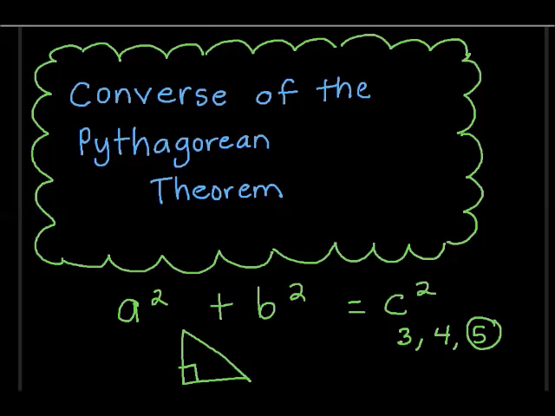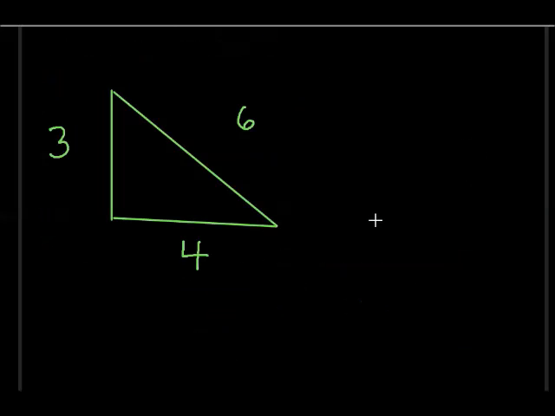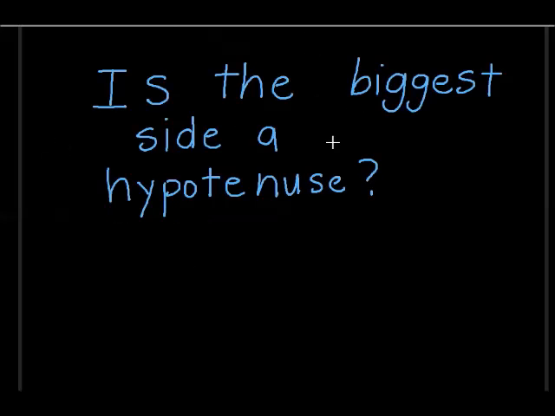It really refers to determining whether that third side is a hypotenuse. So let's take a look. Really, the big question is: is it a hypotenuse? I like to think of the whole thing as focusing on that biggest side, and when you do, I think it becomes a lot easier.